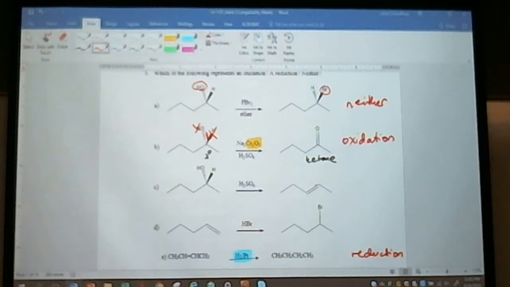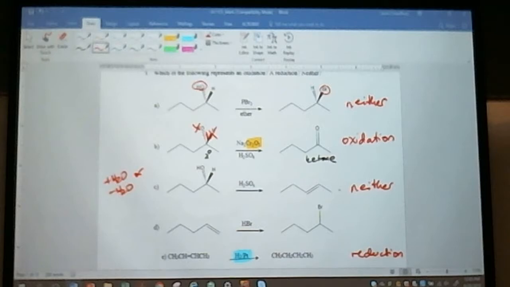What type of reaction is this? Dehydration. Adding or removing water is neither an oxidation nor a reduction. Right? Adding water or removing water is neither.